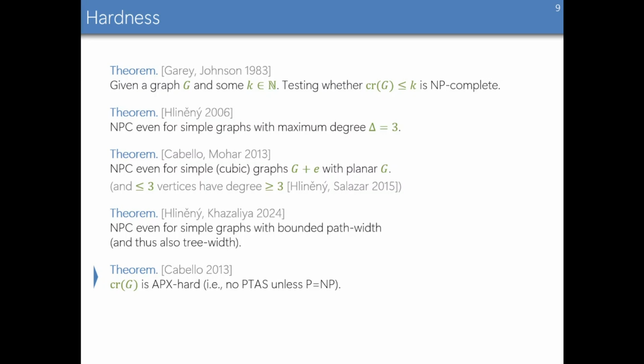So it may be that you can approximate it within a constant factor, like twice the number of crossings than the optimal, but APX hardness means you cannot go beyond that. There is not the possibility within polynomial time, unless P equals NP, that you will be able to find an approximation within a ratio of 1 plus epsilon for an epsilon that you are free to choose.